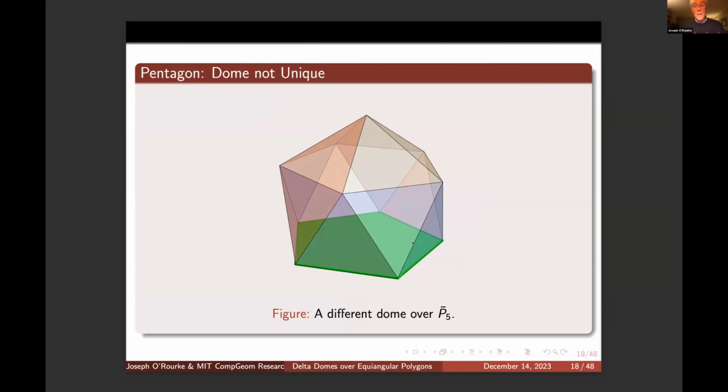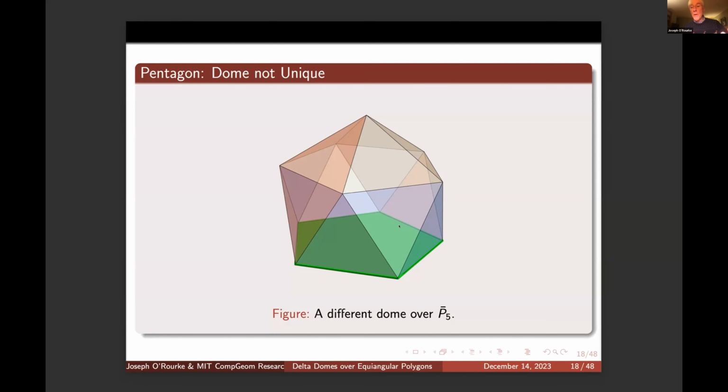But here, this is just an icosahedron sliced at the base, and this constitutes a doming of a regular pentagon. And again, there are often many different ways to dome the ones that can be domed, but we're not studying that closely.